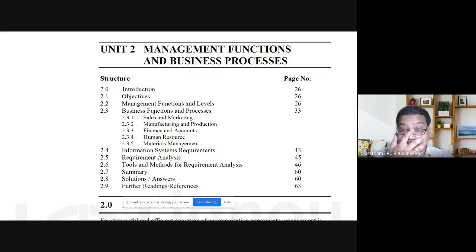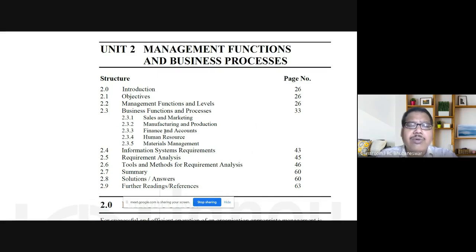But remember, managerial levels will decide what kind of business functionality we can go for. It may be sales, manufacturing, finance, HR, or material management. So looking into the management functionality and their level of working, we can decide further.